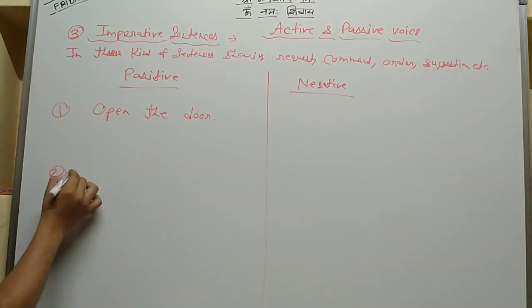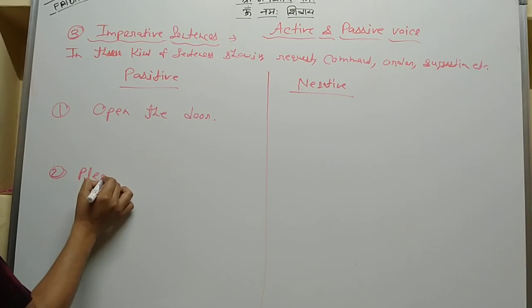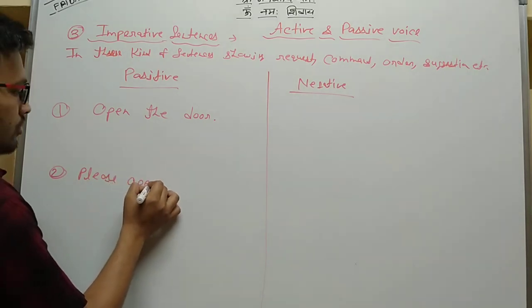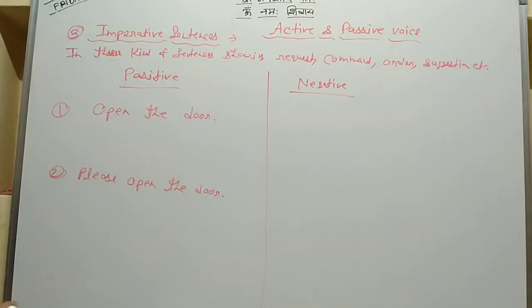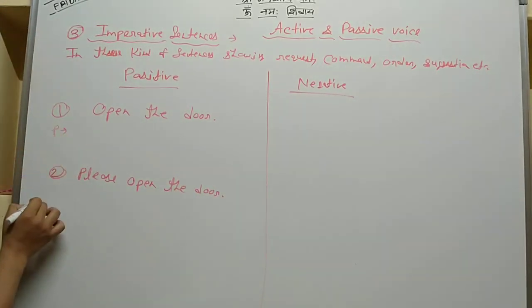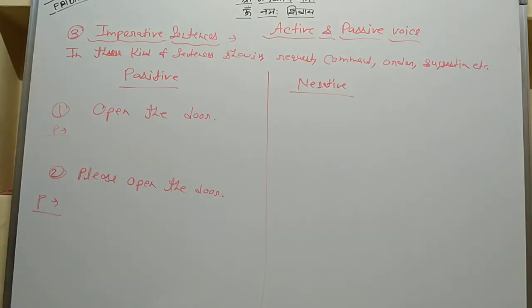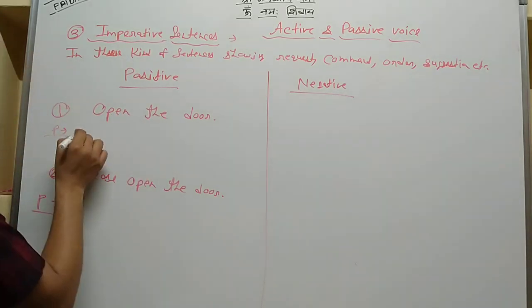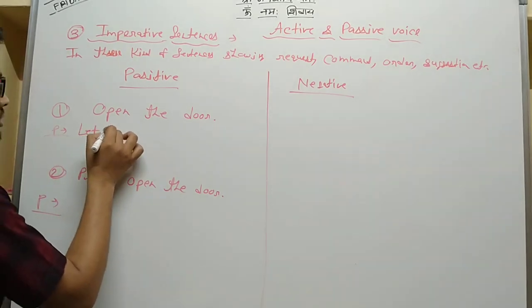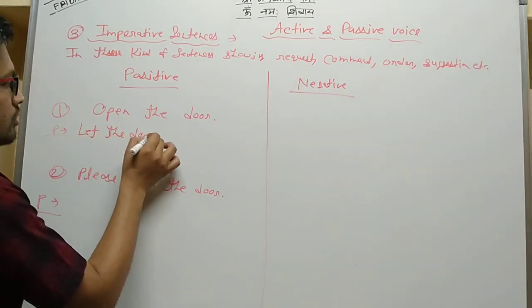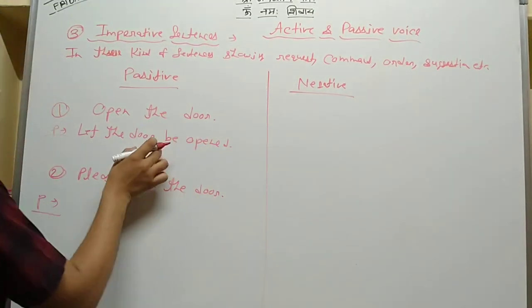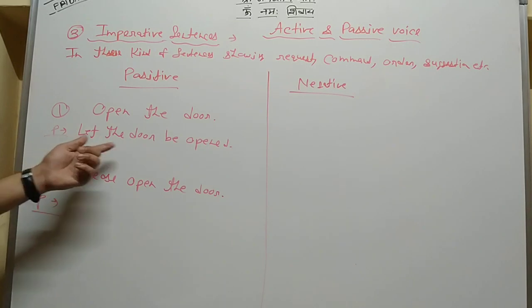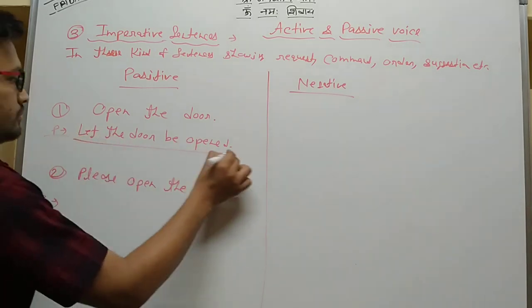And second type, please open the door. What is the passive of these sentences? In positive, open the door, we use let. Let the door be opened. We use let and be.